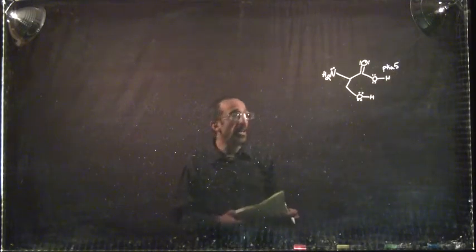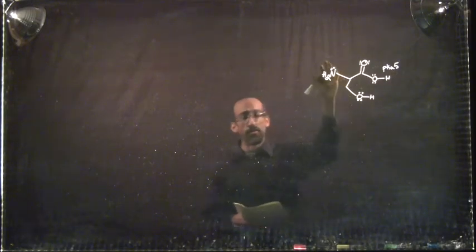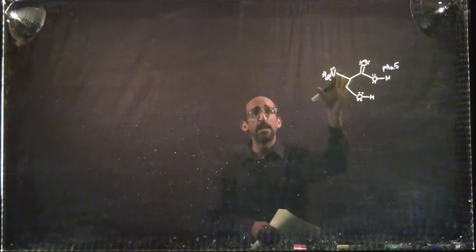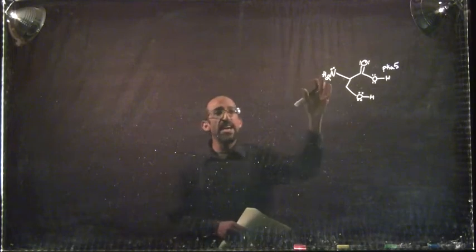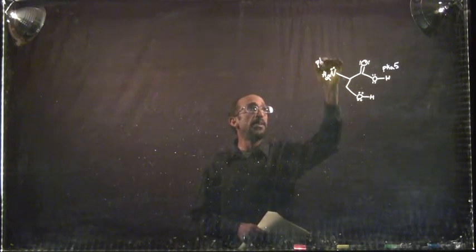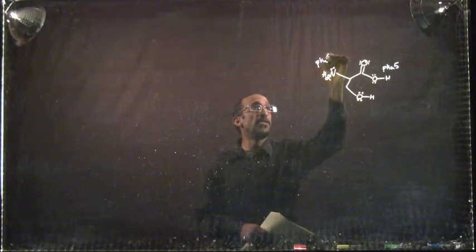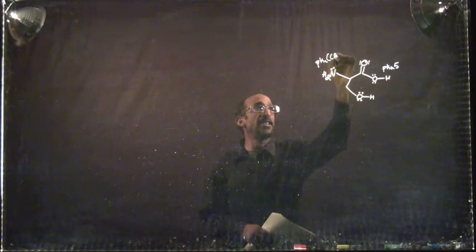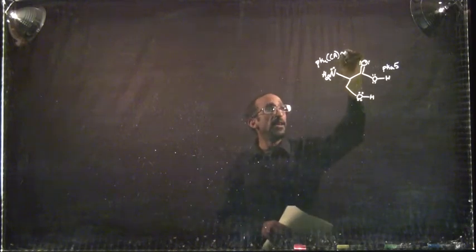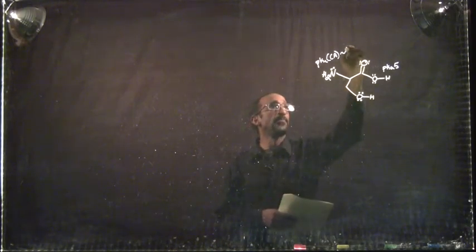For our amine group, we know that it's going to serve as a base typically, and that the pKa of the conjugate acid, which I'm going to abbreviate CA, is approximately 10.